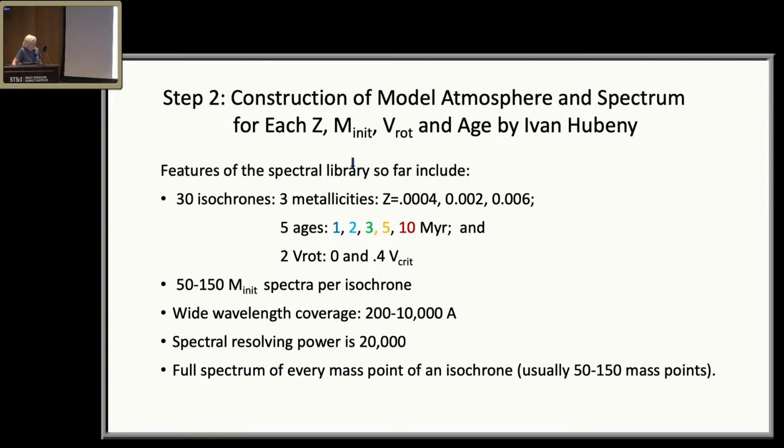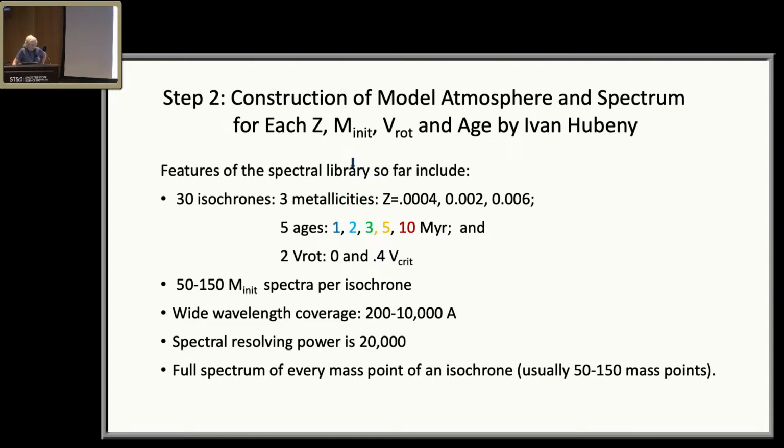Step 2 is the calculation of the spectra, and that's where Yvonne Hubeny has calculated model atmospheres and spectra running from 200 angstroms to 10,000 angstroms with a resolving power of 20,000 to match the COS spectra.